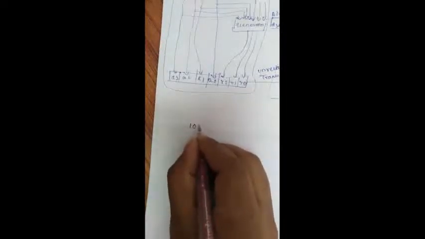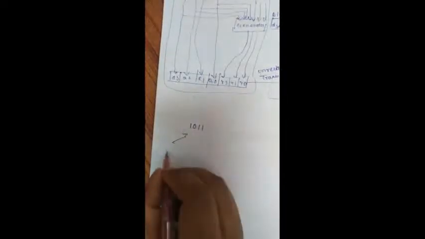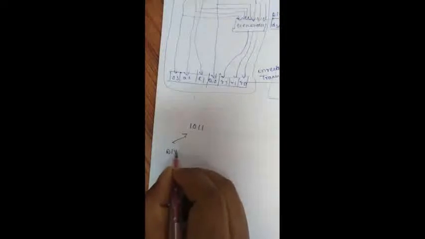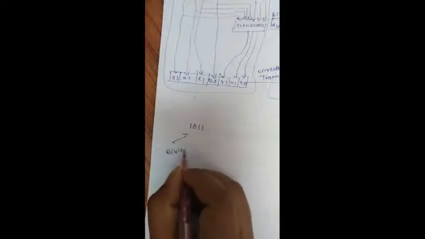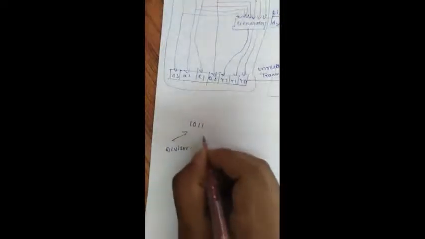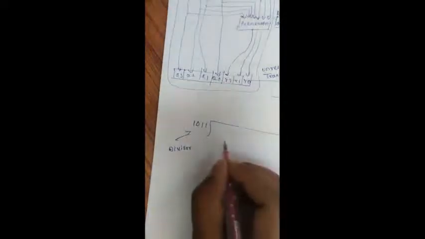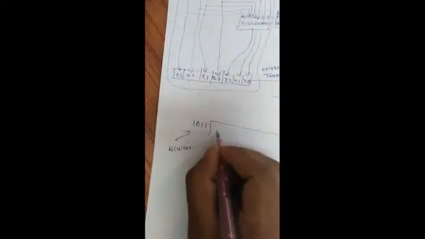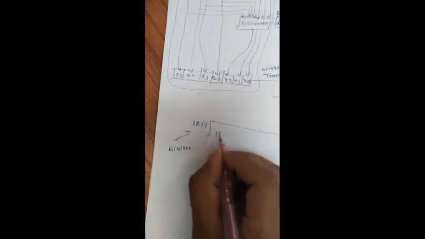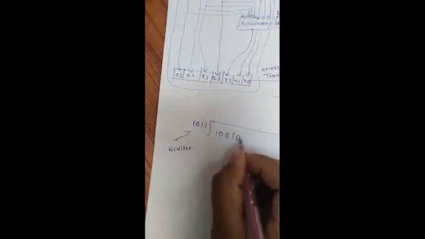1 0 0 1 1. This is the divisor. Then I will take a dividend: 1 0 0 1 0 0 0.